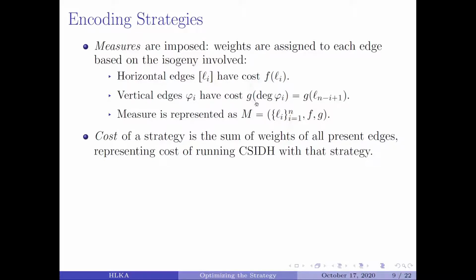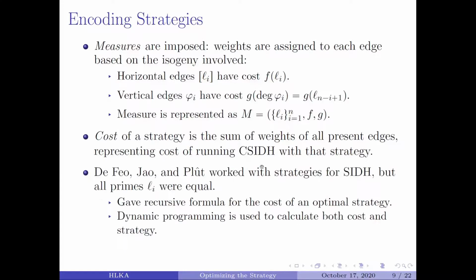So we'll label that as g as a function of its degree. Putting this all together, we call this a measure, and we write it this way. Oftentimes we'll leave off the f and the g because these only really depend on the type of curve you're using. So these will always be the same functions. We can then define the cost of a strategy as just the sum of all of the weights, and what we're looking for is a strategy with minimal cost.